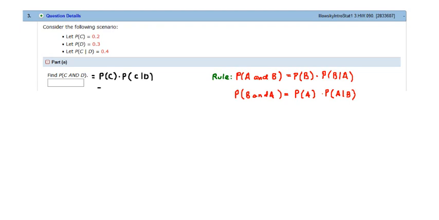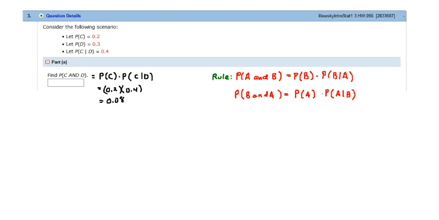So we're going to make the multiplication of 0.2 times the probability of C given D, that's 0.4. Well, when we multiply those, what do we get? We get 0.08. So that's going to be our first probability answer here.